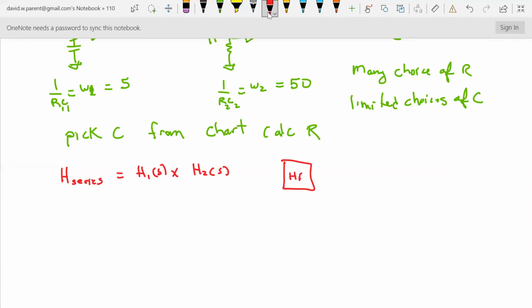H1 of S, and then it would go into its other block, H2 of S. This would be in, and this would be out. This is kind of easy to do. You just have to chain these together, right?